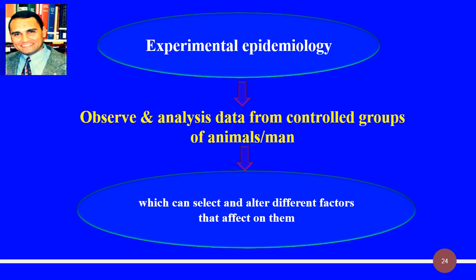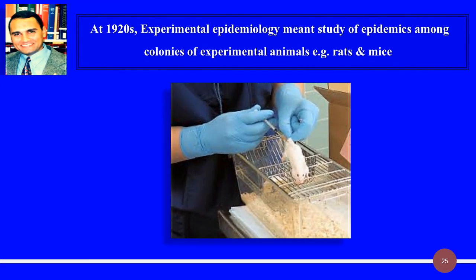In this group we can alter the different factors that affect them and use one factor for testing. Experimental studies began in 1920, when epidemics were studied among colonies of experimental animals such as rats, mice, and rabbits.